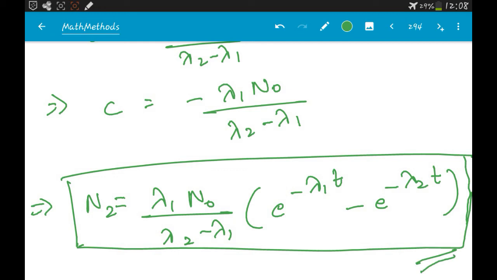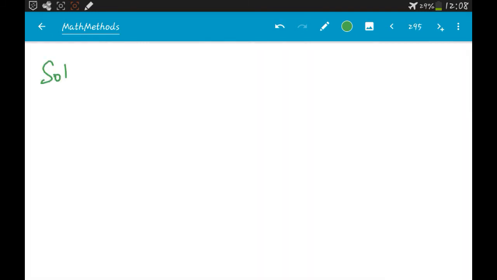Let's also solve the same problem using Laplace transform, because Laplace transform makes our life very easy.